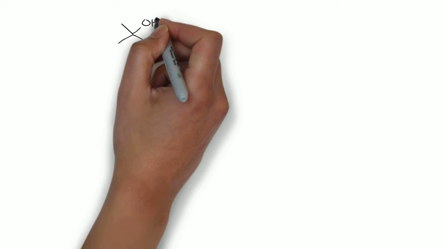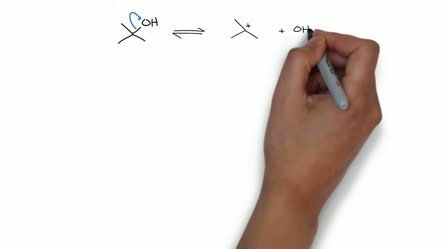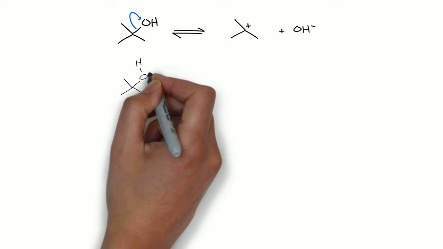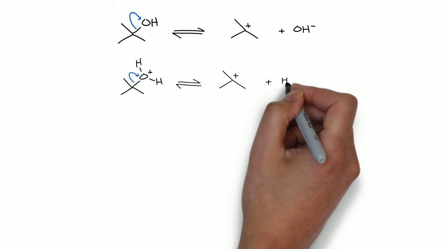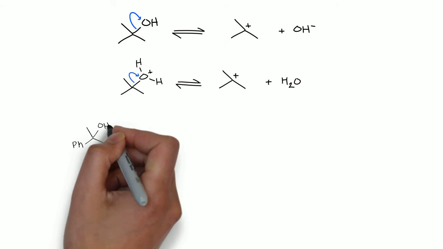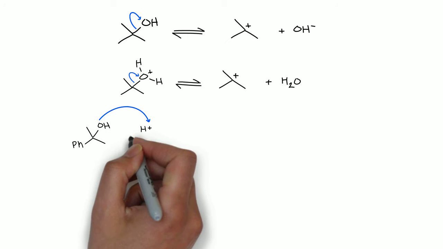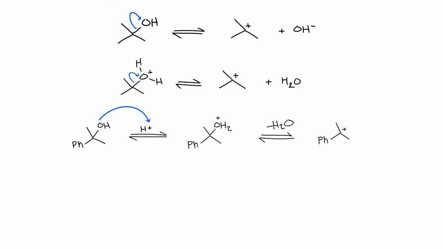Now it's not nice to make OH into a leaving group, correct? Mm-hmm. So what do we do to it first? Protonate it. And when you protonate an OH and make it leave by breaking the adjacent bond, you generate a neutral species, which is water. And the organic part is a carbocation.